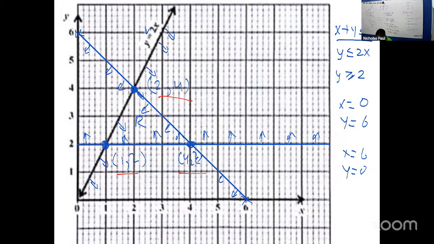No, 0, 6 and 6, 0. I made a mistake. Right, see which one is max now. Use the same equation. Use 3x plus 4y. This question didn't give you one, right? So use 3x plus 4y and see which one is max.